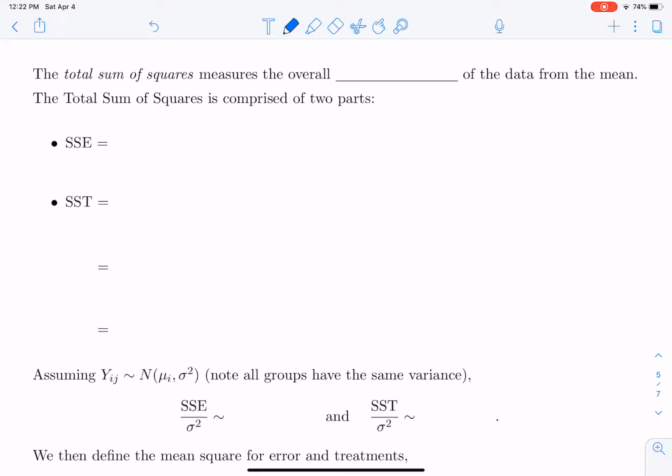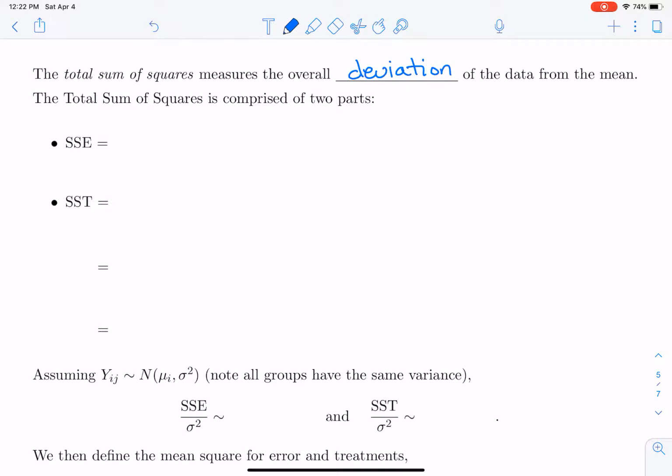Okay, so the total sum of squares measures the overall deviation of the data from the mean. We saw that it's composed of two parts. The total sum of squares is the sum of the squares of the error and the sum of the squares of the treatments.